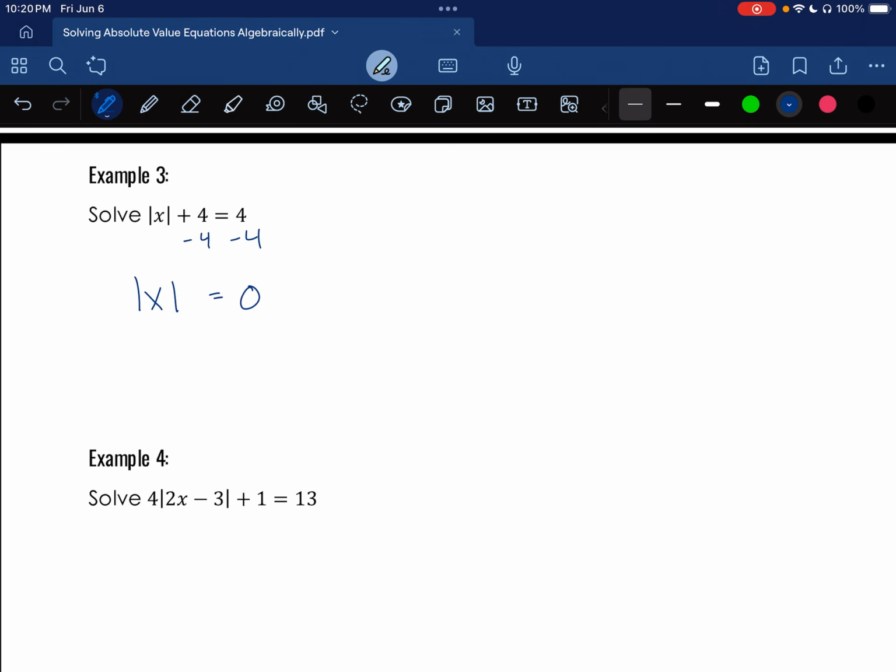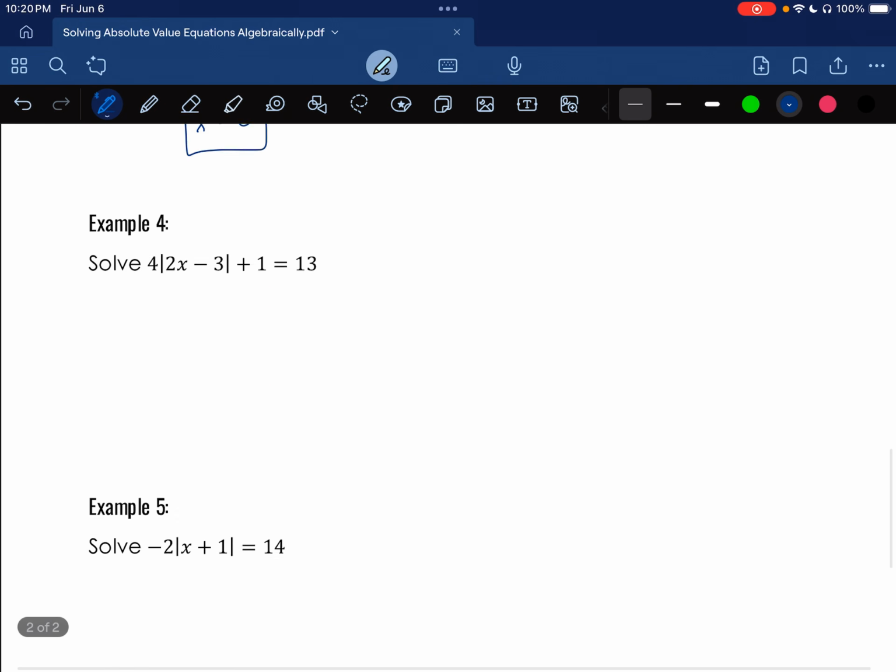This means that the only way to get an absolute value equal to 0 is if x itself were 0.